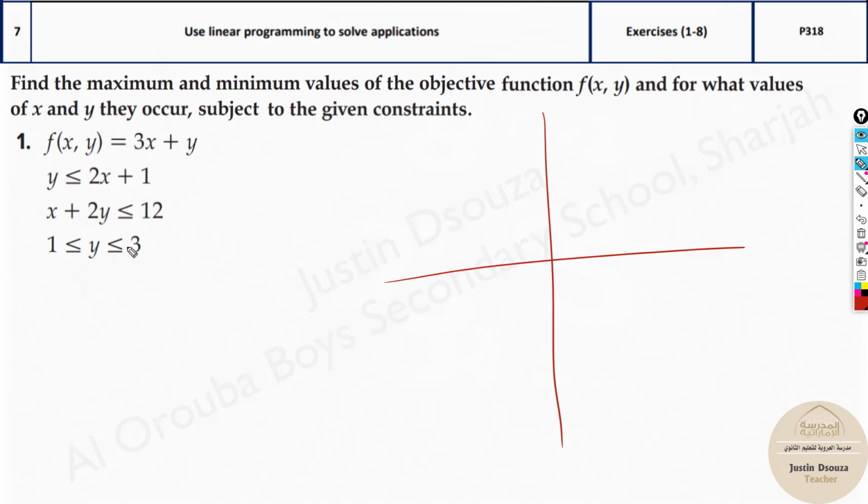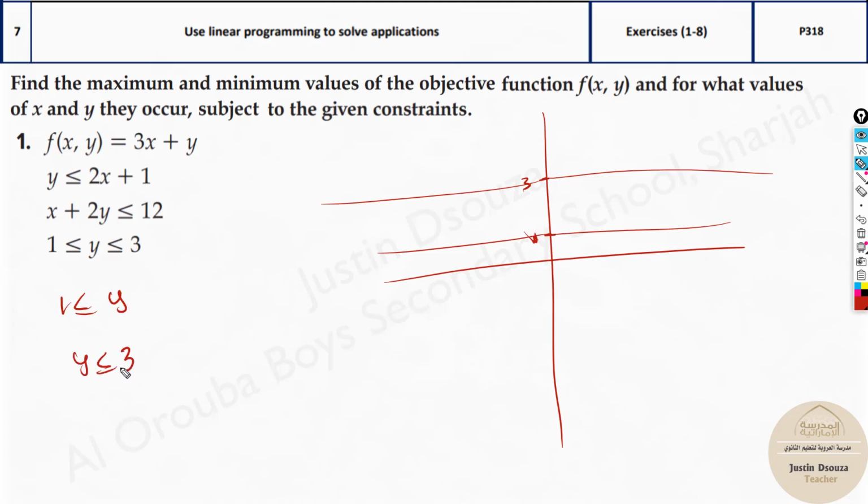See, whenever you have y is less than or equal to 3 and greater than or equal to 1, see the y-axis. Where is 1? Somewhere over here. 3 can be over here. Just draw straight lines. It must pass through 3. That's wrong, but anyways, this is a line and over here there is one more line. And now, all the region within that, because y is in between. Otherwise, if you split this out, what is it? 1 is less than or equal to y and y is less than or equal to 3.